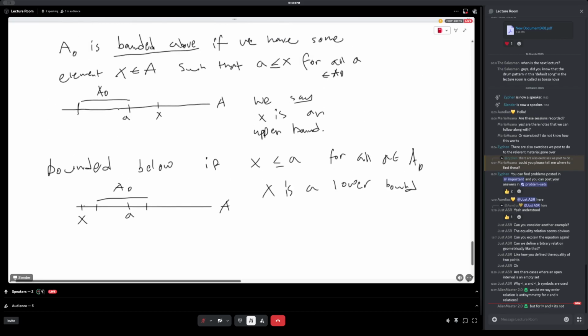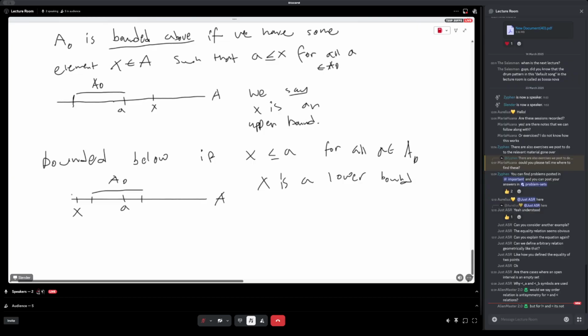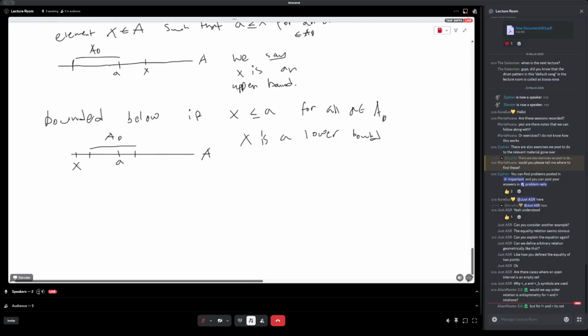Since there can be any upper bound, the upper bound also doesn't necessarily have to be in the subset itself. It just needs to be in the parent set. So if we take the set of all upper bounds, there will be a least upper bound.